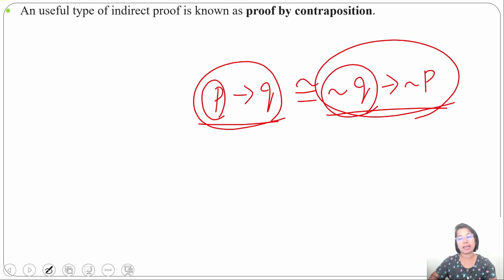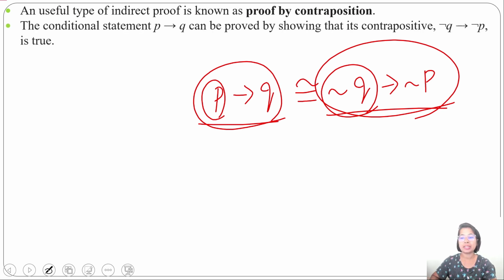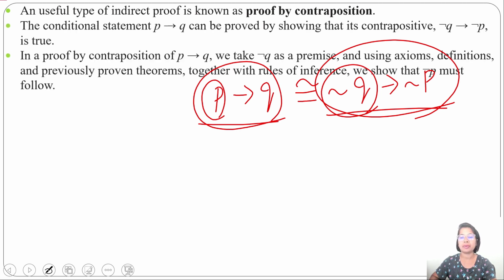Then by using axioms, rules of inference, and different theorems, we try to prove that negation P is true. This process is known as proof by contraposition. We assume negation Q is true and from that we try to prove negation P is true.